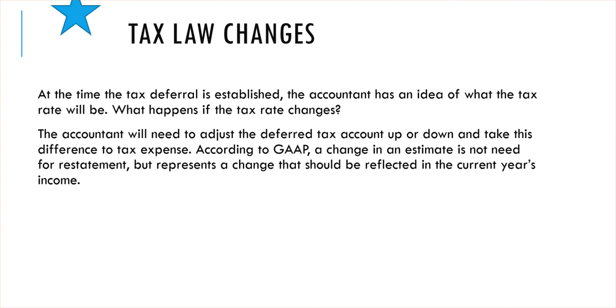All you do need to do, though, is get your liabilities and your asset accounts to their proper values, because when you do the financials, you need to be truthful in your financials. And any difference there is going to go to tax expense.